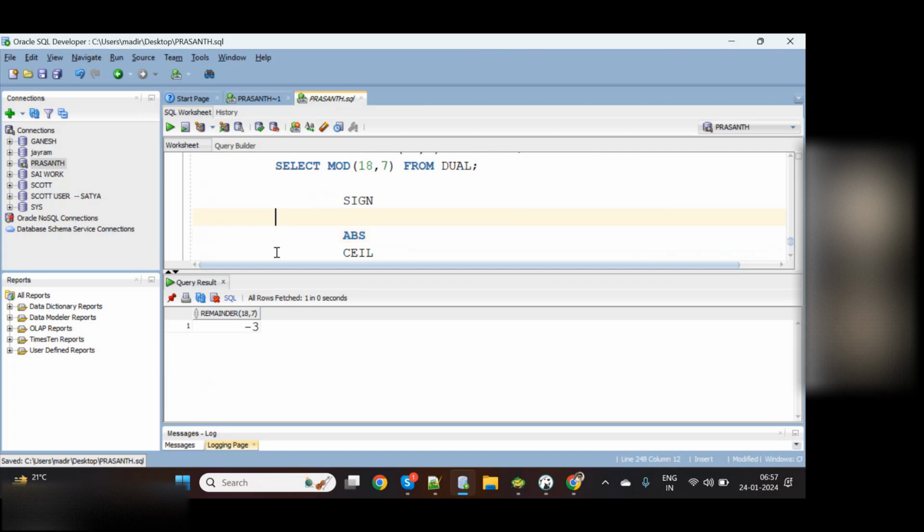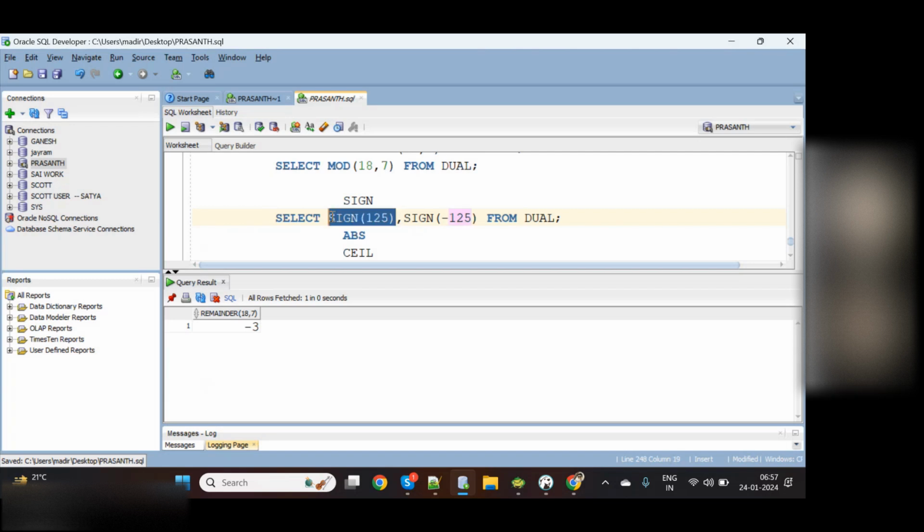Coming to sign. When you are practicing, you will get it. No need to memorize. The sign function will tell whether a value is positive or negative. For example, sign of 125, and sign of minus 125. For a positive number it gives plus 1.